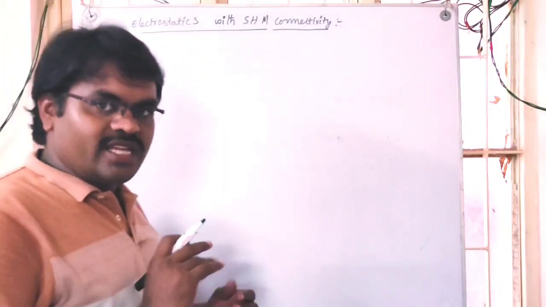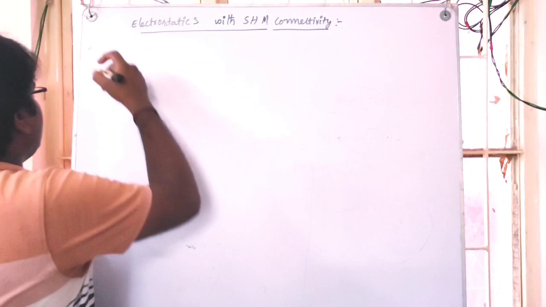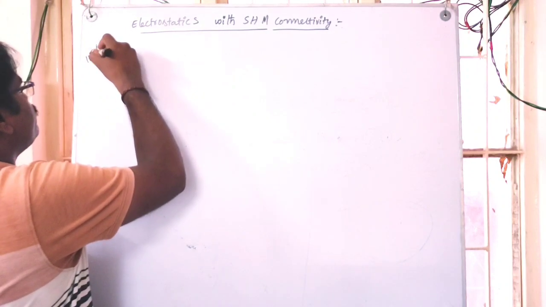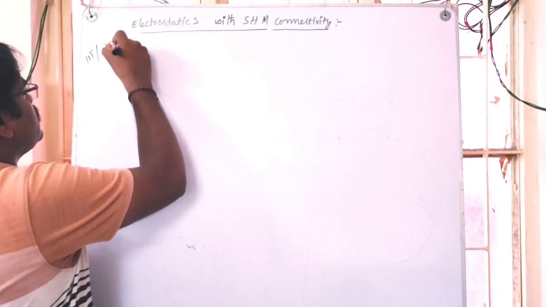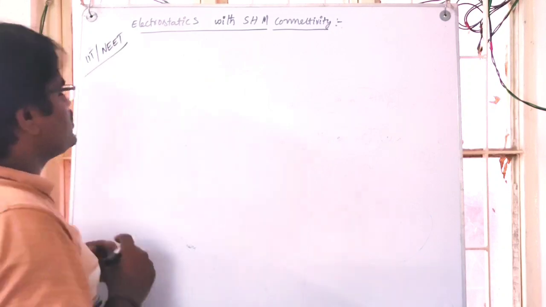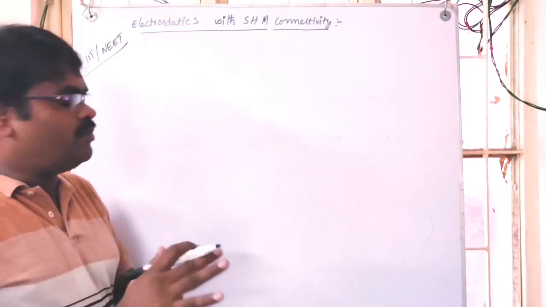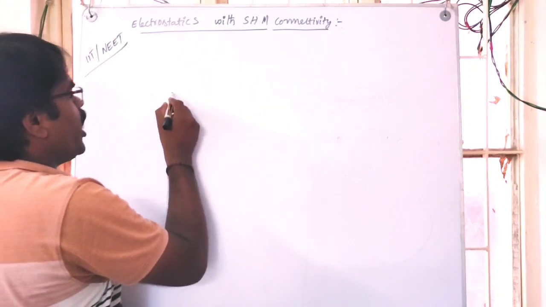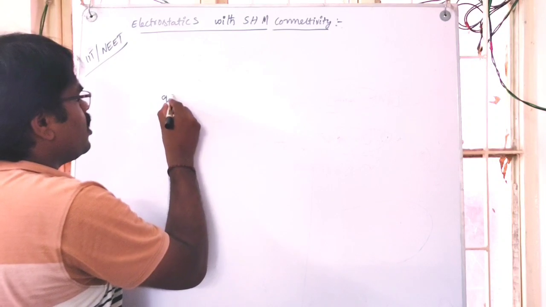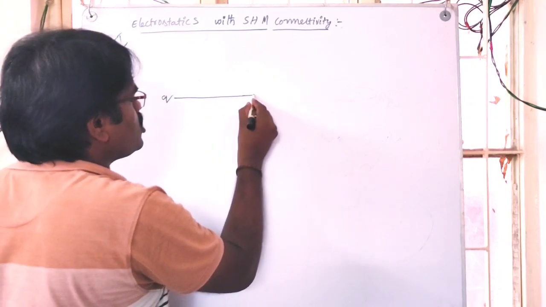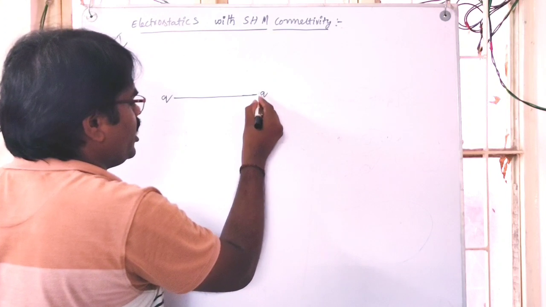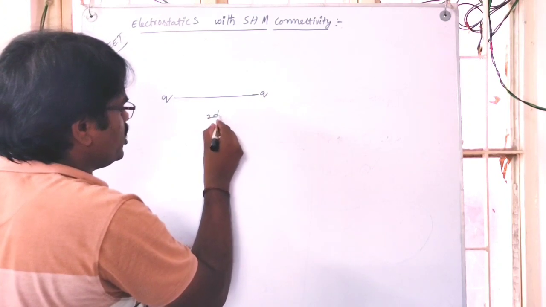Now the second model problem, you can see that for IIT and NEET advanced level. See what the question means. 2 point charges Q, Q are separated by a distance 2d.